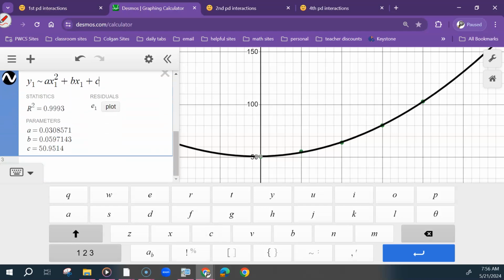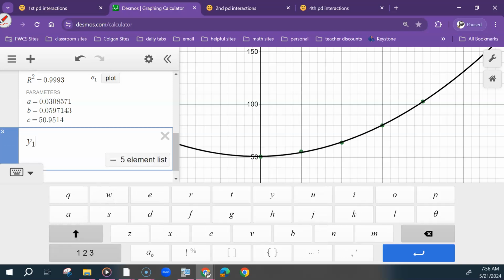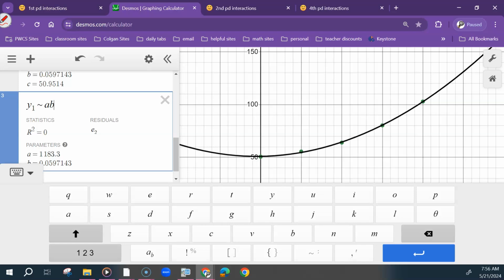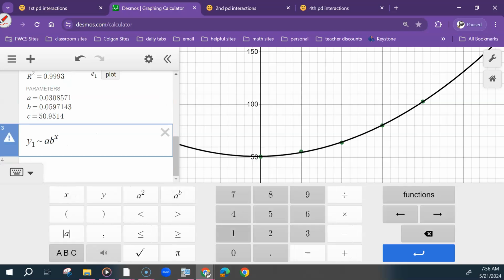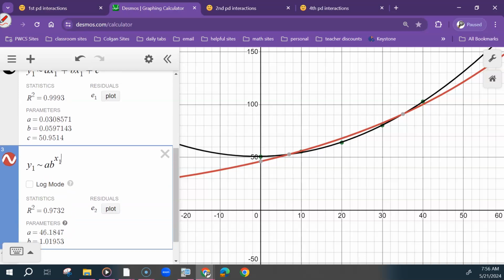And then the other one, y1 tilde a times b raised to the x1. If you're not sure, like this looks like it could be either, just based on the graph. But when I look at the data, I'm looking for whichever one goes through it the best, is closest to 1, which would be the quadratic.